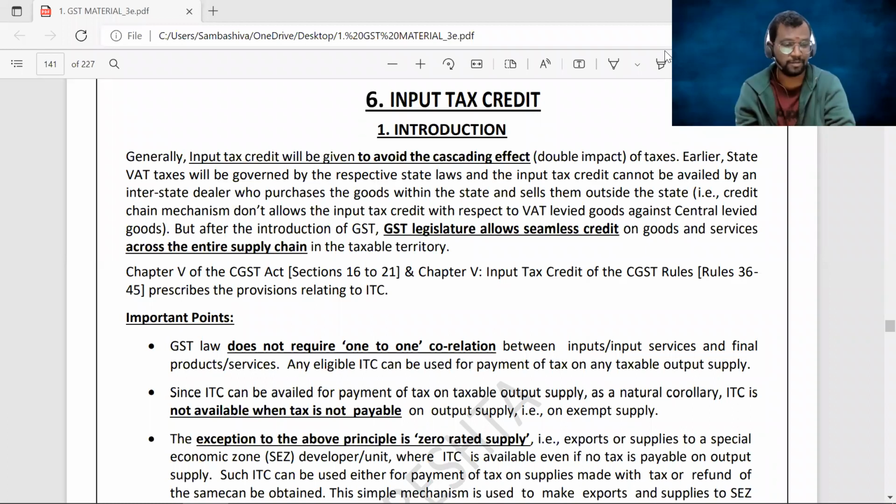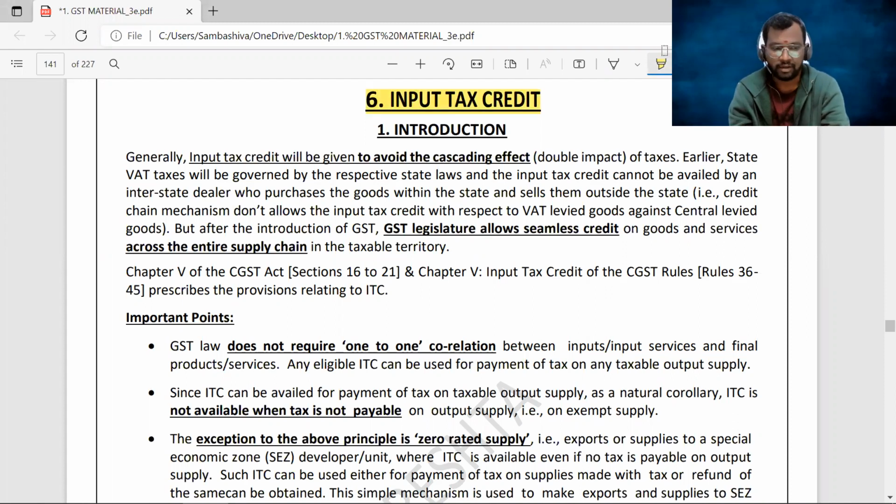Welcome to session number 1 of chapter number 6, input tax credit. In the last class, we completed chapter number 5, that is time and value of supply. Now, time for chapter number 6, input tax credit.